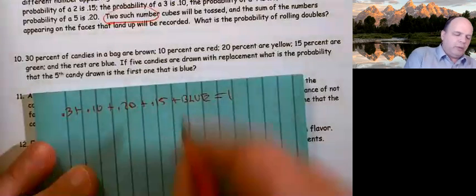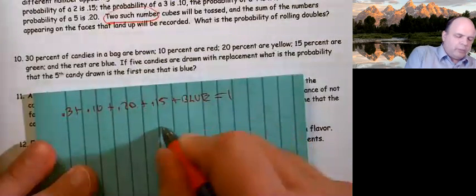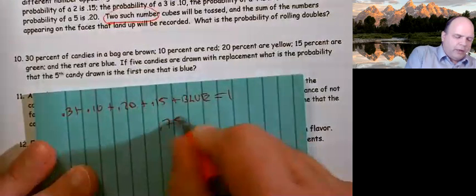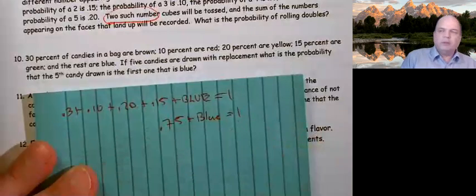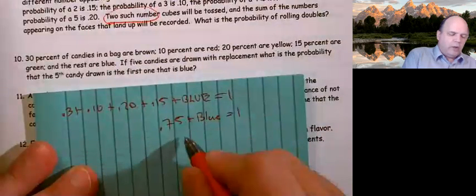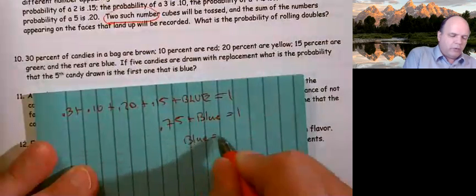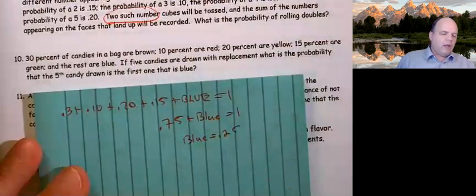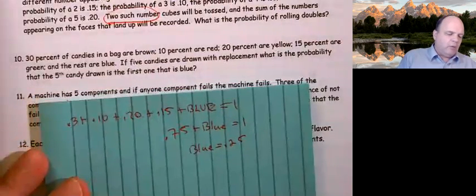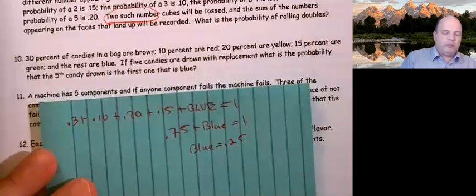So 0.75 plus blue equals 1 whole. All right, so 1 minus 0.75 tells me that the probability of blue equals 0.25.